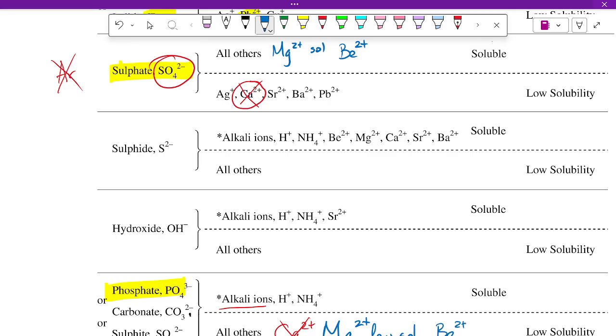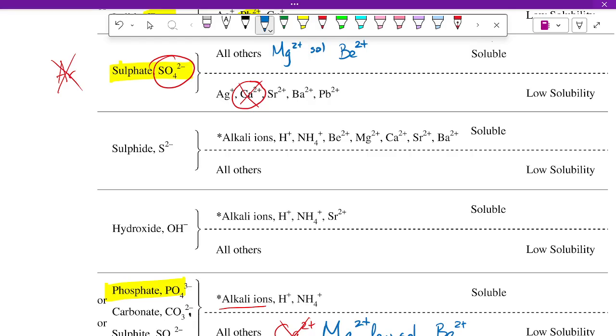So yes, it forms 2+ ions. Beryllium is a little weird, so we're just going to use it like this. Okay, so beryllium. Is beryllium possible?